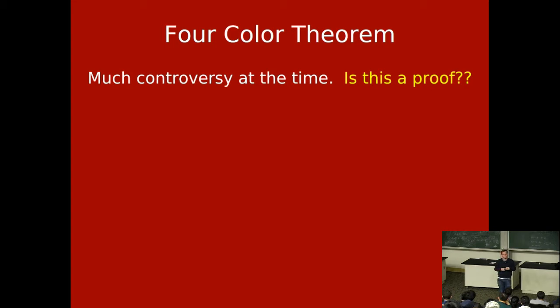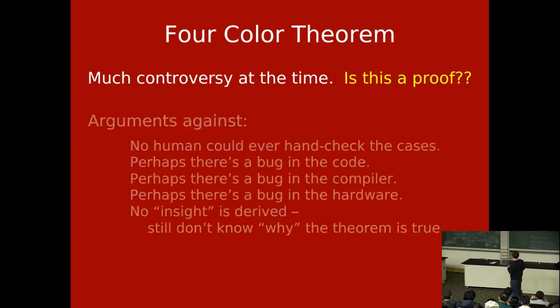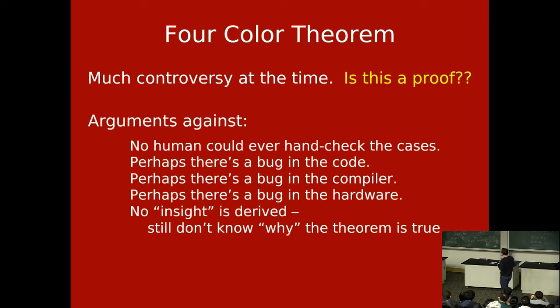Other comments? I had some other things. We kind of said some of these. You could say no human could ever hand check 2,000 cases. Actually, this one is kind of interesting in the sense that, why do you want to prove things? One of the main reasons we want to prove things in mathematics is we want to know why something is true. And we didn't really get this from this proof, right?